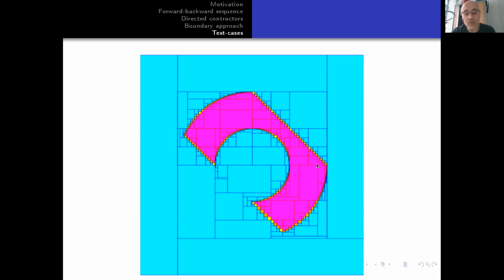But I was able to backward propagate the colors, just focusing on the boundary only. And I can see that I have more information than usually, since I have some orange boxes and also some yellow boxes. The orange means that I have proved that one face has a different color. One is magenta, the other is blue. So this can be used and can be important when we deal with quantifier algorithms, when we need projections.